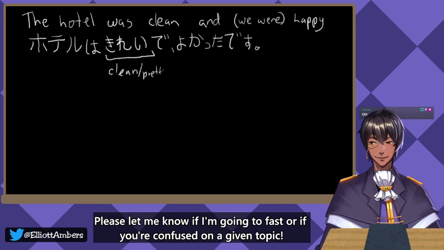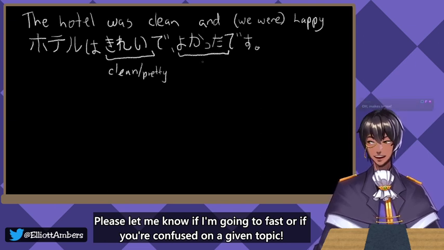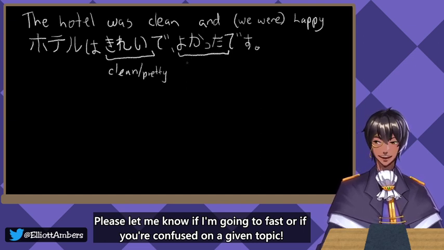Kirei is pretty. And then yokatta is good or happy. As closer to this translates to we were happy, because yokatta is good, was good. And that's why it's saying we were happy. Good, past tense.